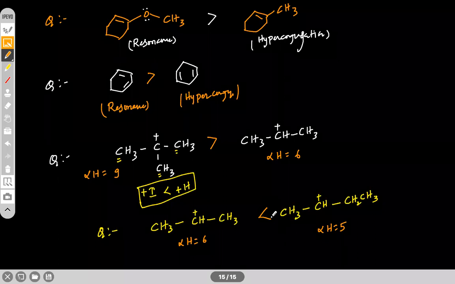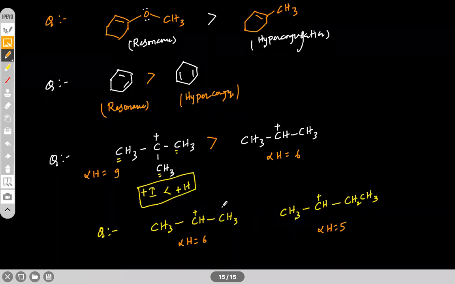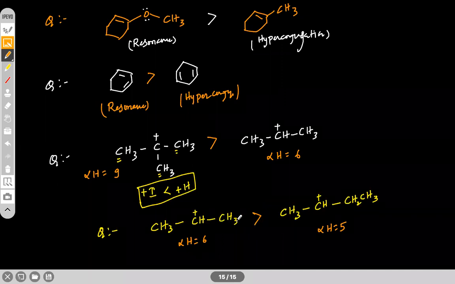But the actual order is opposite of it, which is this. Why? Because we have hyperconjugation possible here, and hyperconjugation is the dominating effect. Hence, we'll find out with hyperconjugation, not with I effect.